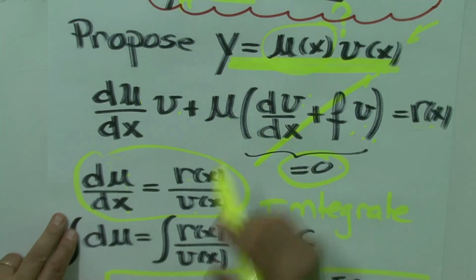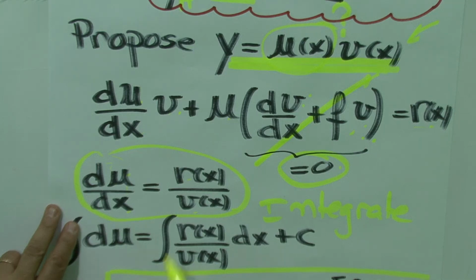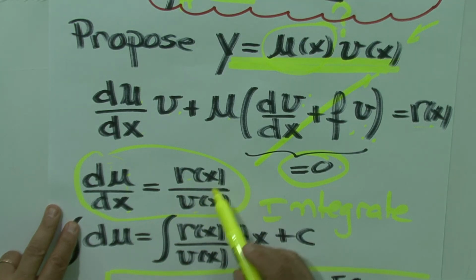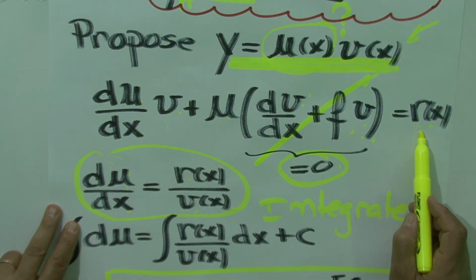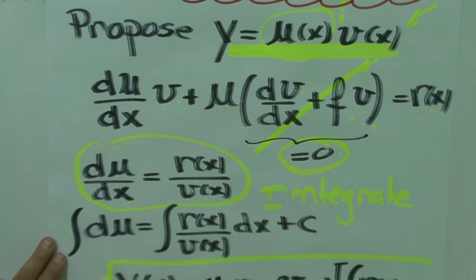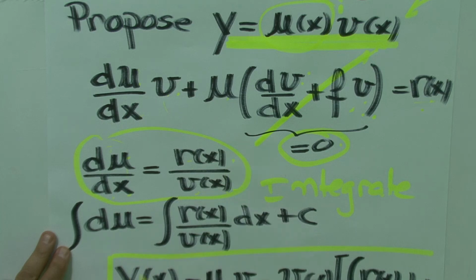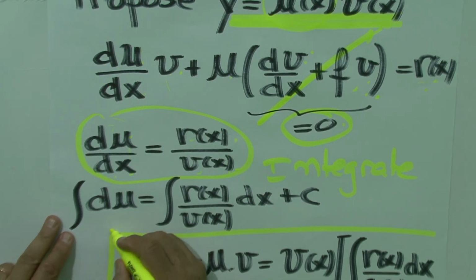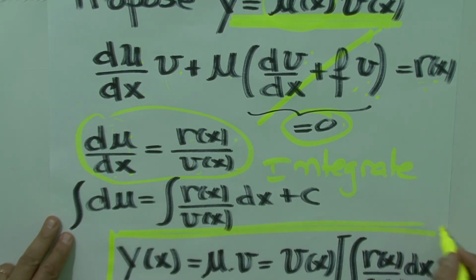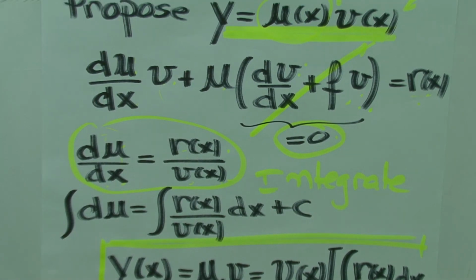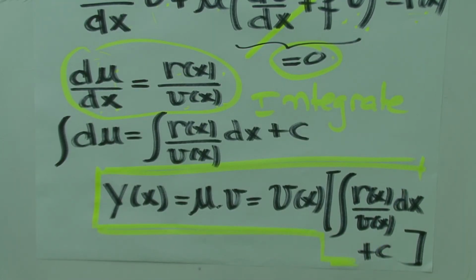And then this whole equation is now reduced to du dx equal to r of x divided by v of x. Right? Just divide here. And then I do the integration, put x on the other side, integrate, and I have the overall solution. Another nice method for solving the ordinary equation of first order.